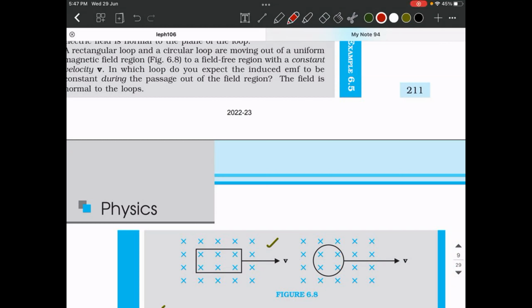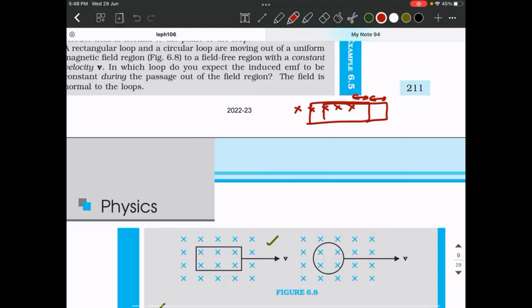So when you take a rectangle, let's say after 1 second, this is the amount of area that has come out. In the next 1 second, the same amount of area would have come out. So what is constant? Magnetic field is constant, orientation is constant. The amount of area that is coming out is also a constant in the case of a rectangle.